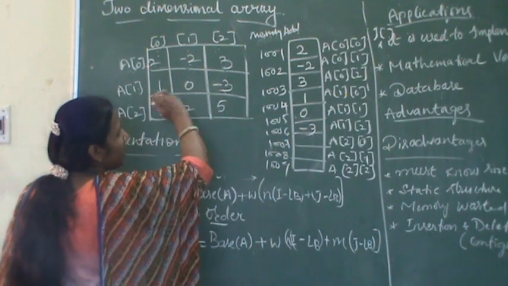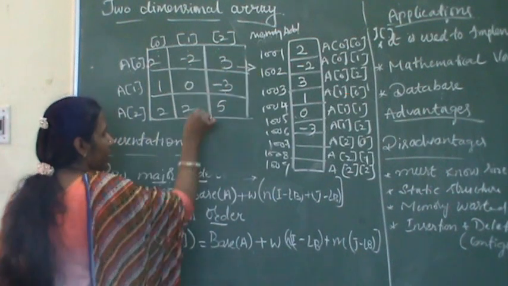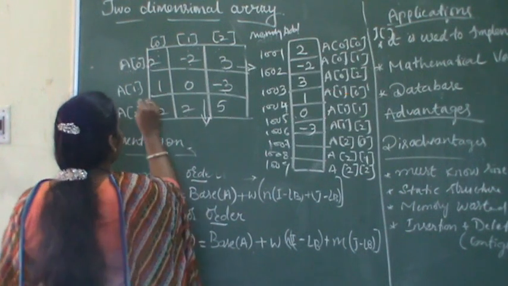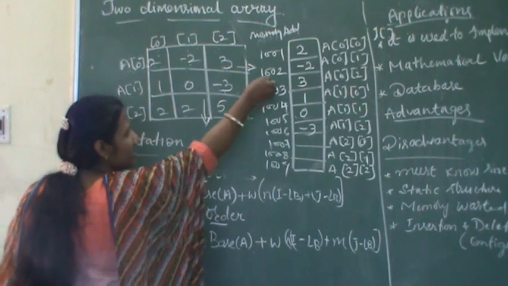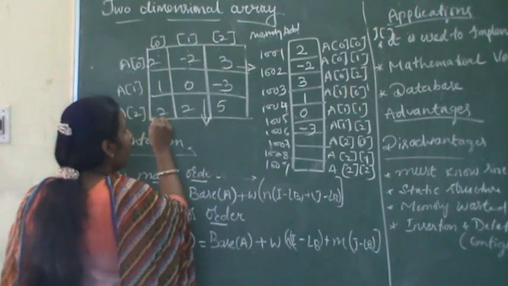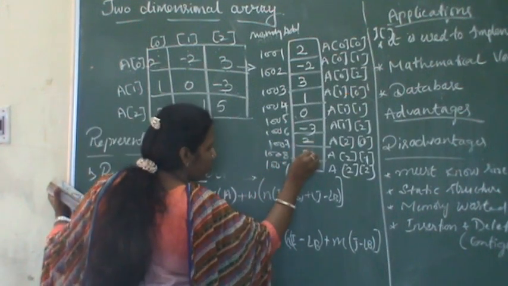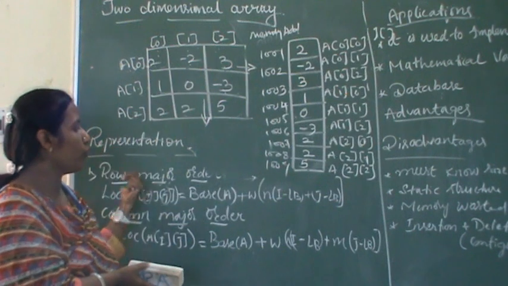This horizontal we are going to call rows, and this vertical we are going to call columns. Already people know about this. So A[1] means it takes the second row values. After inserting the second row values in memory, it takes the third row values, which will be 2, 2 and 5. So this is the row major order.